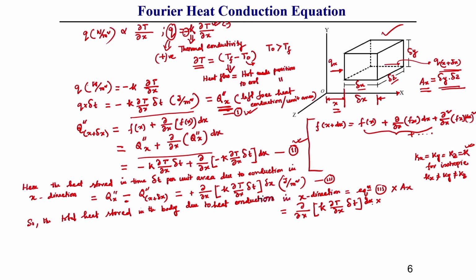What is A x? A x is the area perpendicular to the x axis, so A x is equal to del y into del z. I have already written this here. So, this is the total heat stored in the body due to heat conduction in x direction.